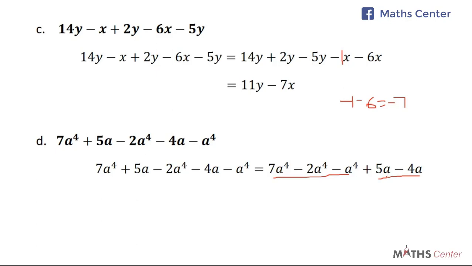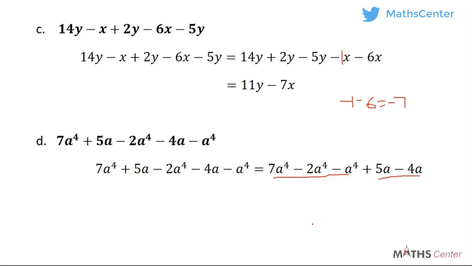So they don't satisfy those two conditions that we gave. For two terms to be considered as like terms, they must be the same letter. So in this case, it's a and a is true, but the power of this a is 4 and the power of that a is 1, so they are not like terms.